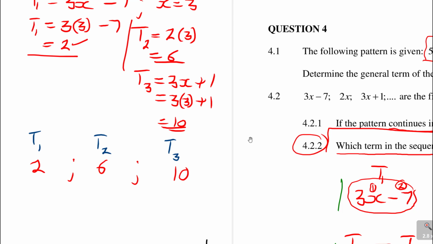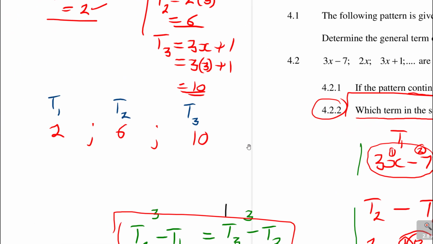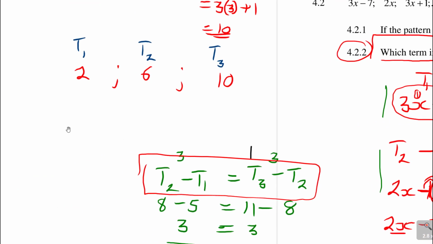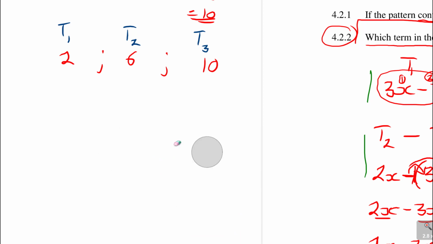Now let's not lose sight of the question. It says which term in the sequence is the first to be greater than 31. We want a term that will be greater than 31. So you can continue this. Say t3, you go t4 to say how do you find t4. So what you do, you're going to look at this and say if this was to continue, from t1 to t2, 2 plus which number must I add to get a 6? You add a 4.